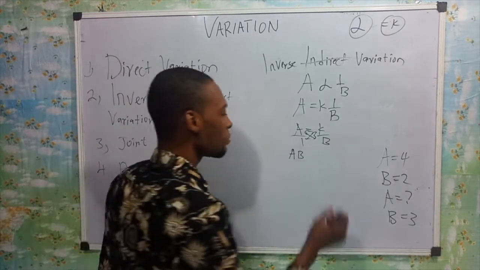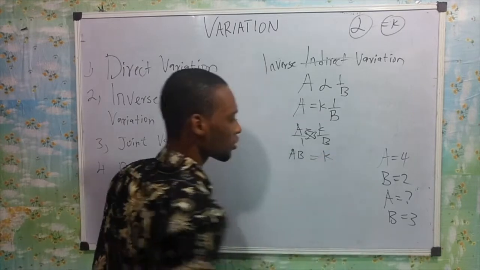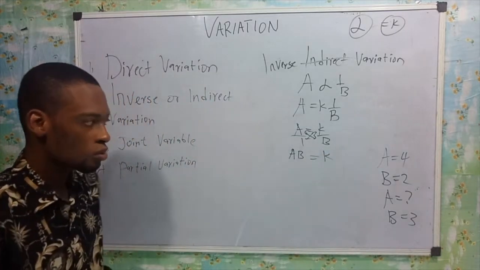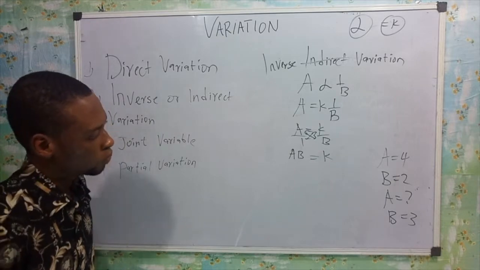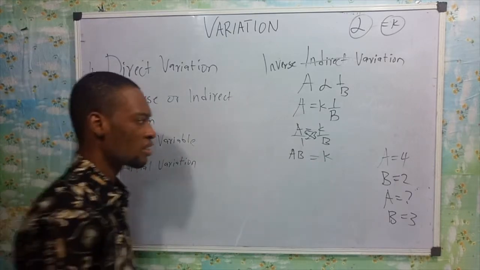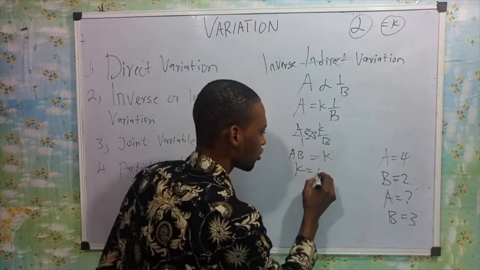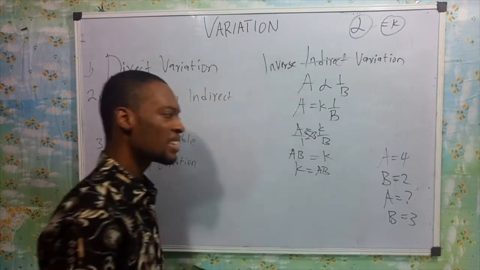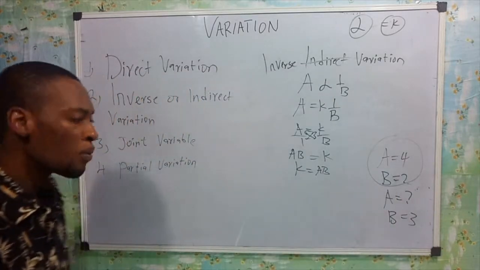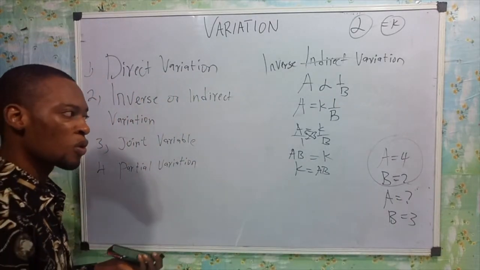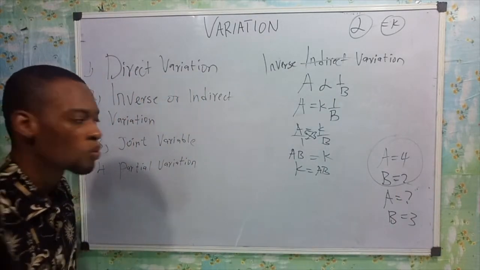So equals K times 1, which is K. So hope there is no question. Good. So we are home and dry. So the next thing is to implement this first part of the question, where we were told that when A equals 4, B equals 2.